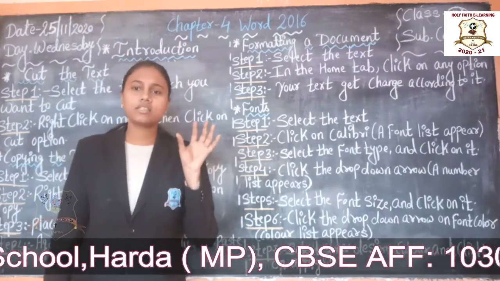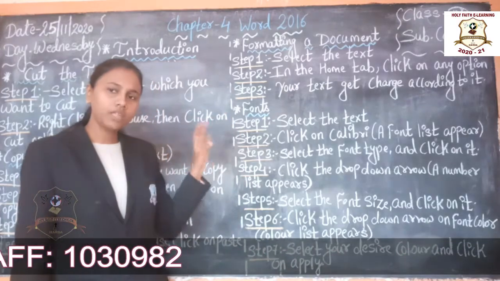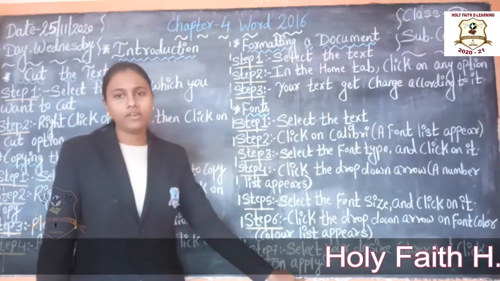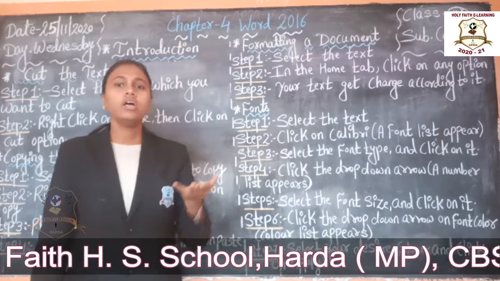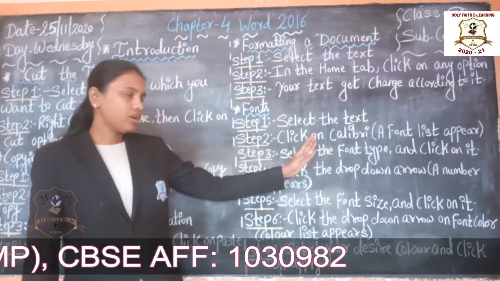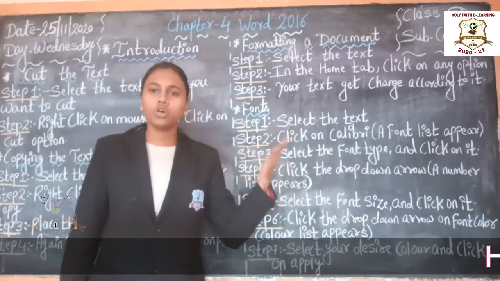Different colors will be listed on the screen. Then from there you can select your desired color and click on apply. In this way your font style, size and color will be changed according to your wish.